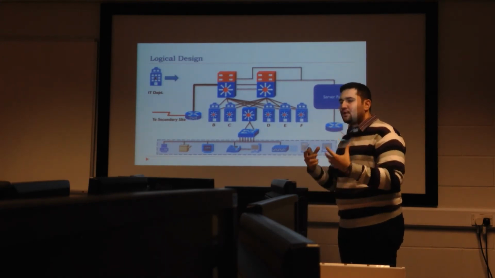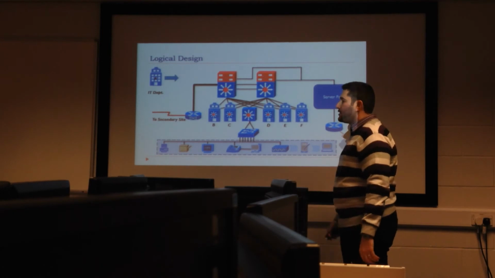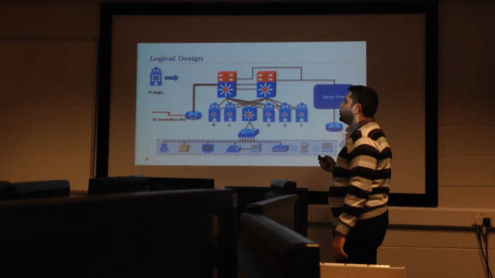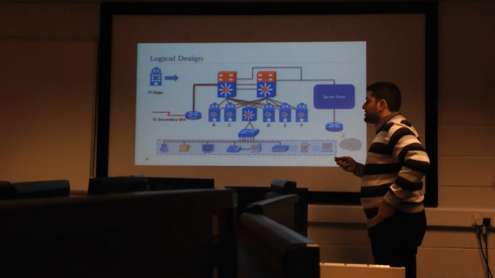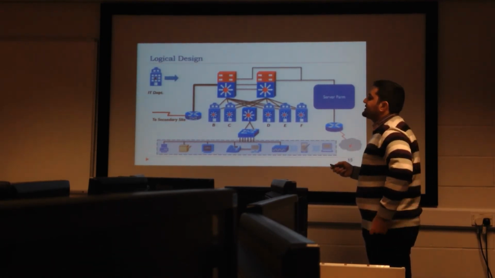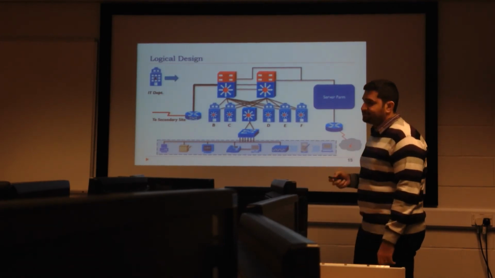This design is based on the assumption, like the guys before, that the data center or my operational place will be in building A. So we will have two core switches, and the distribution will be scattered between all the buildings.